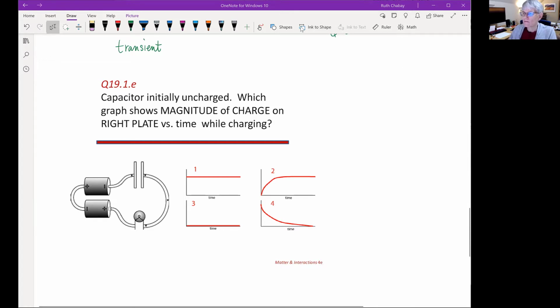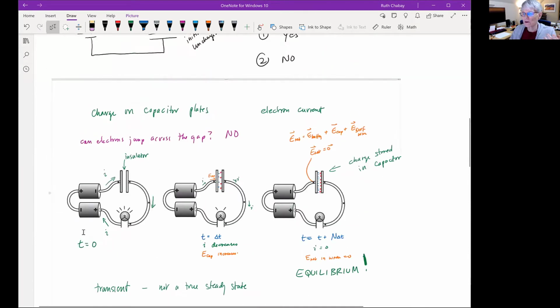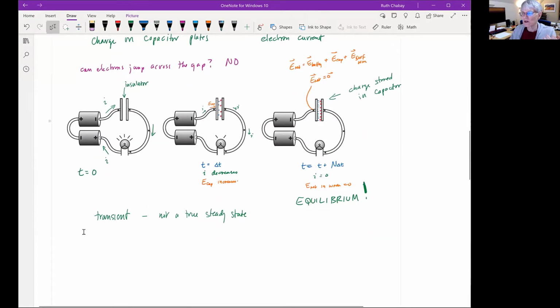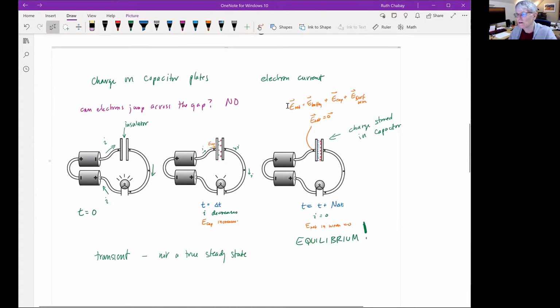So you said graph 2, which does indeed reflect what we just discussed, right? What we said was, well, the capacitor was charging here.